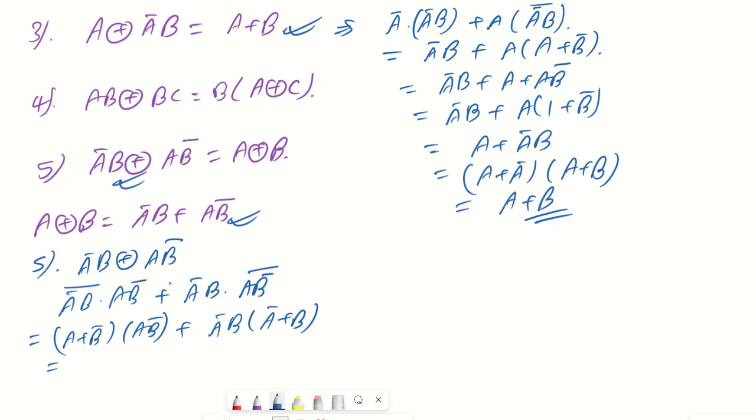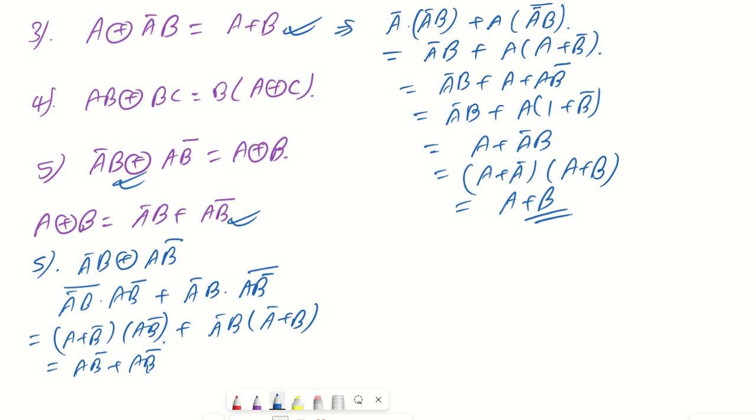Now if we multiply that, we are going to get A B bar plus A B bar, two times. Understood? Because A into A is A and B bar, and here also A into B bar.